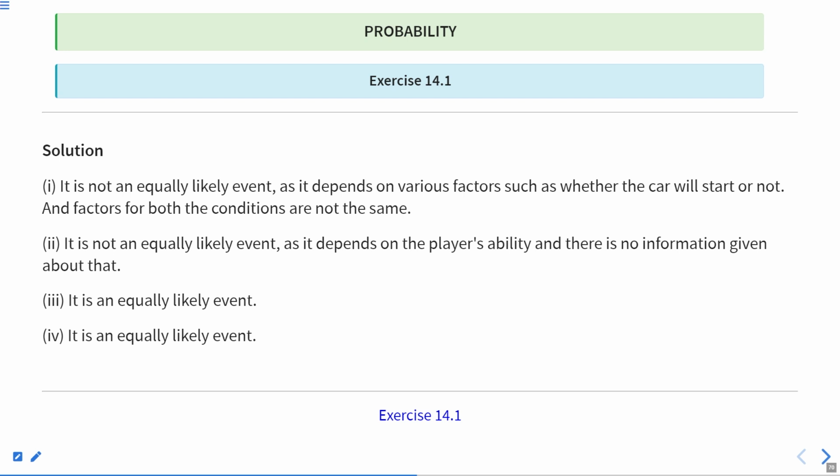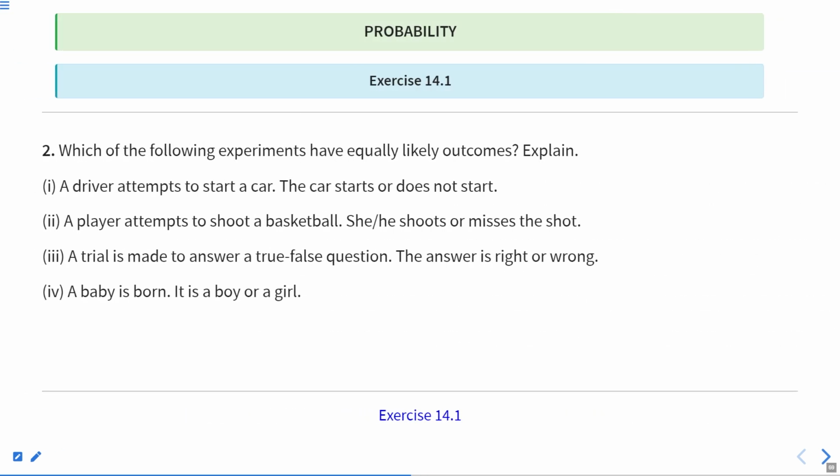There are mainly two possibilities, either the baby is a boy or a girl. The possibility of a boy being born is the same as the possibility of a girl being born. So they are the same. That is why this experiment has equally likely outcomes.